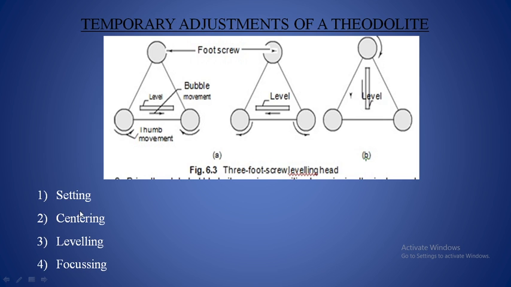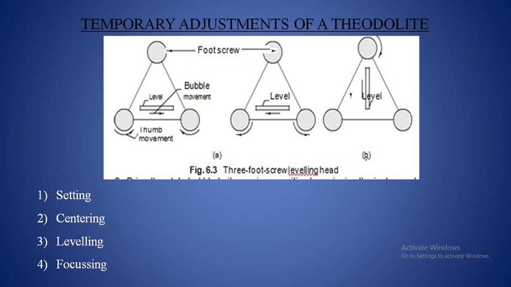The next step is leveling. Using the 3 foot screws, you are going to level the theodolite. With reference to the bubble tube, keeping the telescope parallel to 2 foot screws and rotating the foot screws either inwards or outwards, you make the bubble come to the center.